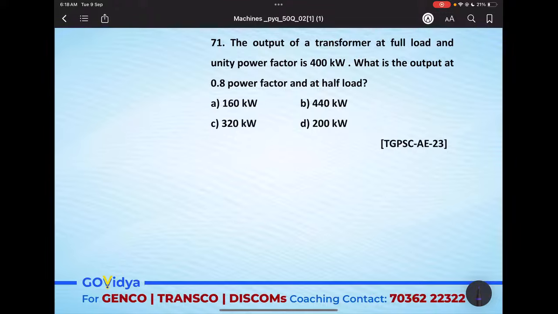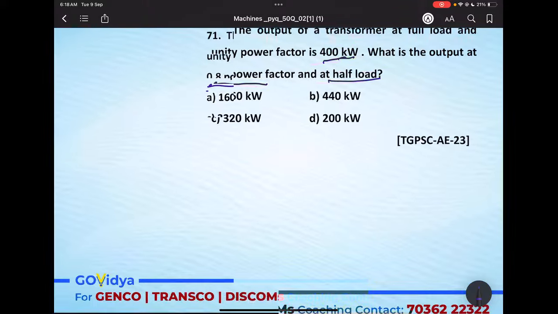The next question is about the output of a transformer at full load and unity power factor is 400 kilowatt. What is the output at 0.8 power factor at half load? Let's note down the given data.